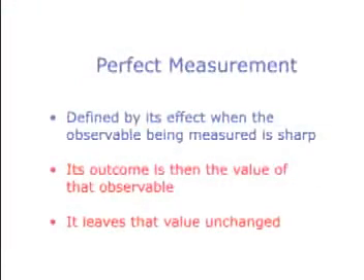I've drawn your attention to that because it will come up again in later lectures, but for the moment, its only significance is that it makes it easy for us to check that this gate really does perform a perfect measurement. Remember, a perfect measurement interaction is defined by what it does when the observable being measured is sharp.